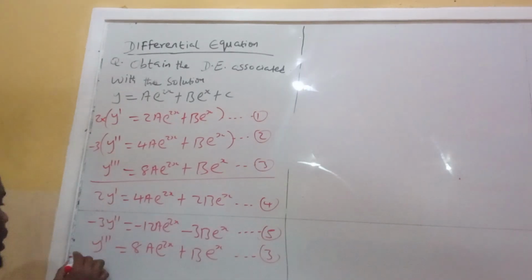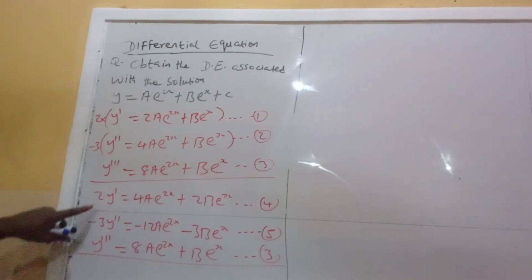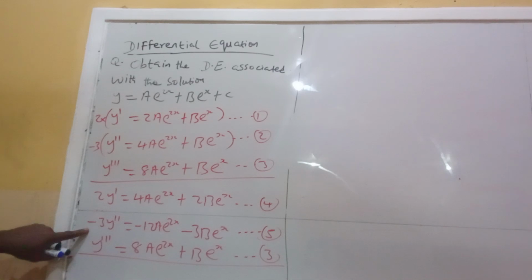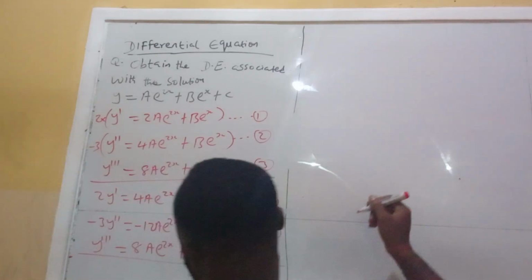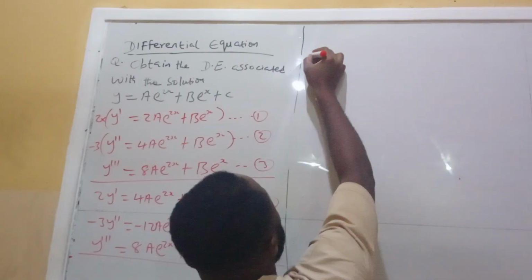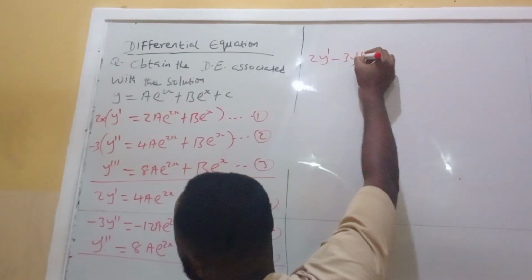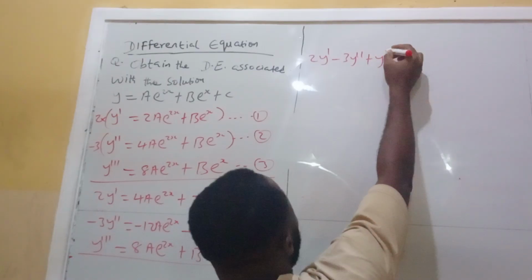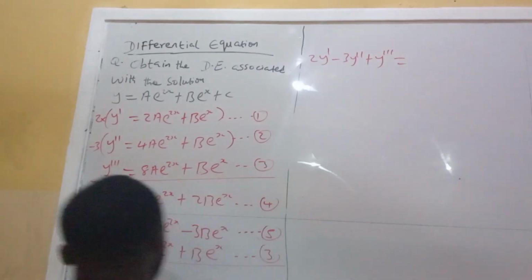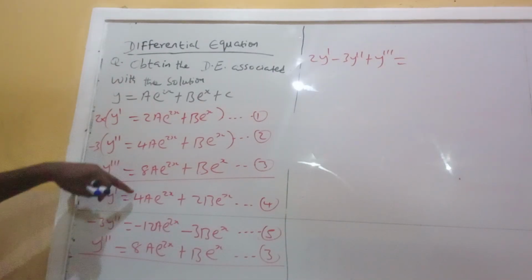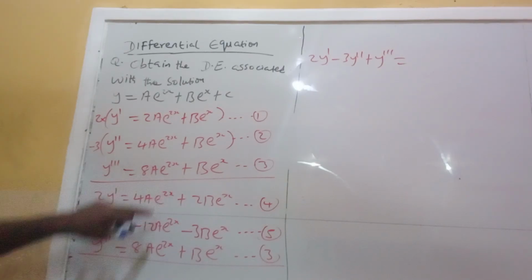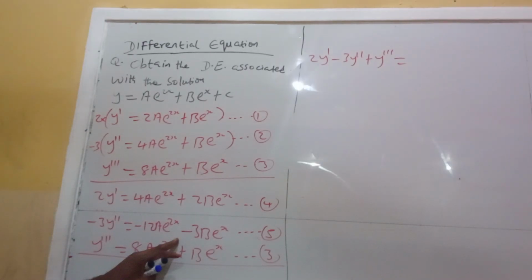Okay, so now, let us add all these equations together, equation 4, 5, and 3. Now, 2y prime minus 3y prime prime plus y prime prime prime, which is equal to, now, 4A exponential 2x plus 8A exponential 2x is 12.